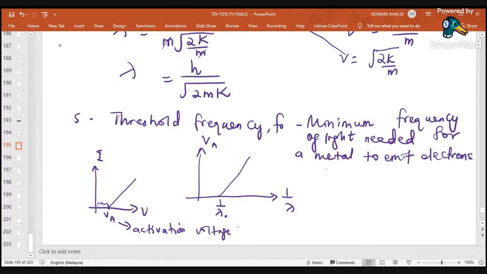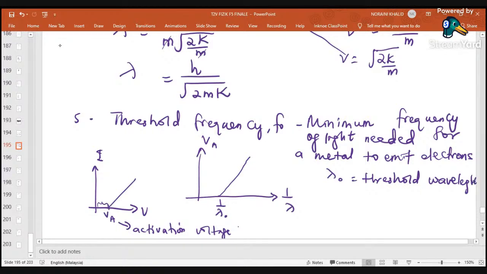Lambda naught is the threshold wavelength. If you determine the gradient of the graph, you will get the gradient m equals hc divided by e.